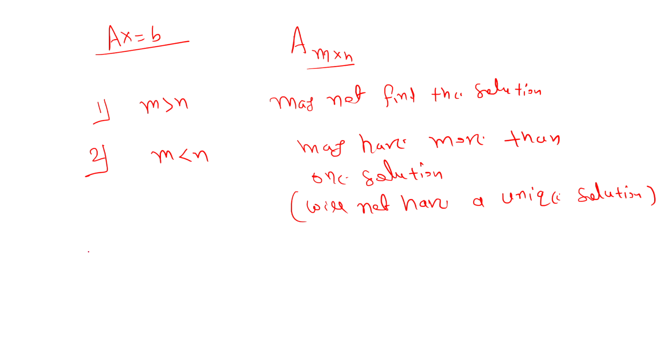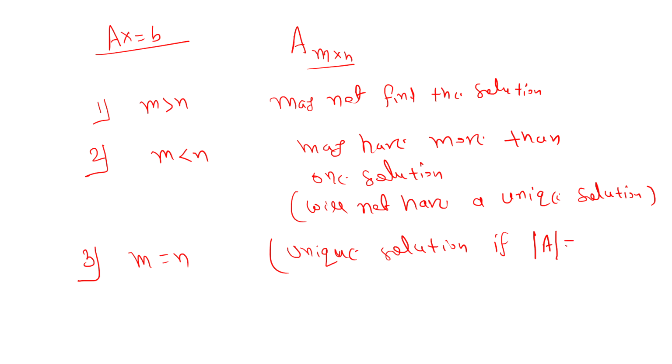The third point, or the third case which comes out of it, is m is equal to n, and in this case we will have a unique solution if mod of A is not equal to 0.